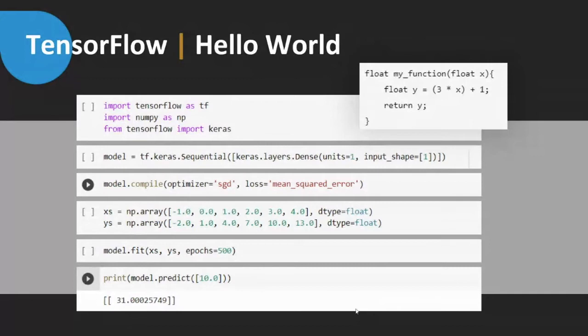So the following example is a hello world for TensorFlow. We're trying to get the neural network to match the equation y equals 3 times x plus 1. So basically what we have here is we're setting up a sequential neural network. We're saying that it's got units equal to 1, which is the number of layers that you have.